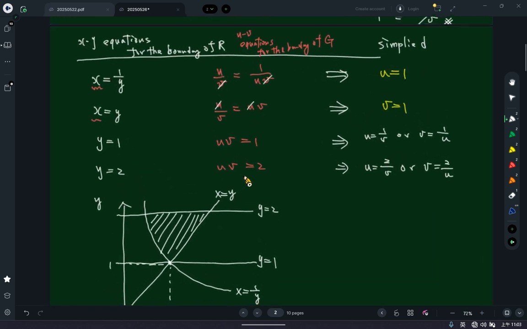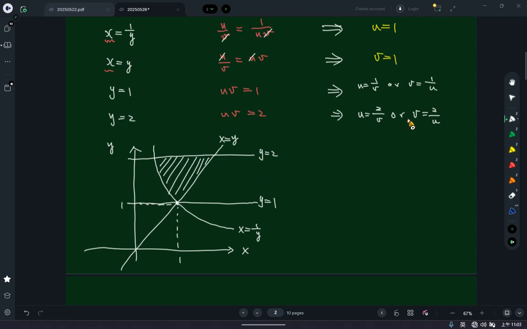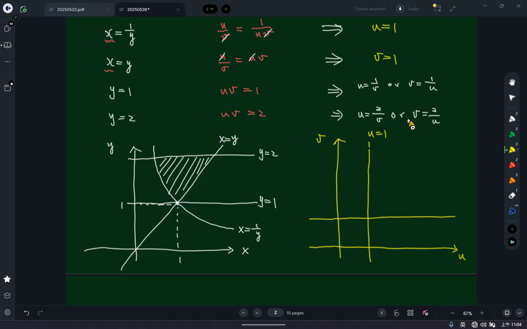Then, since right now we have a new coordinate system, u is equal to 1, so let me just draw the new coordinate in u and v. So one is u is equal to 1. This is u is equal to 1. Then this is v is equal to 1.